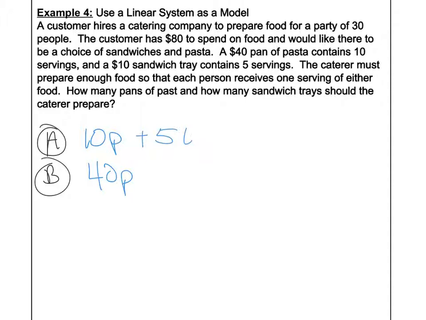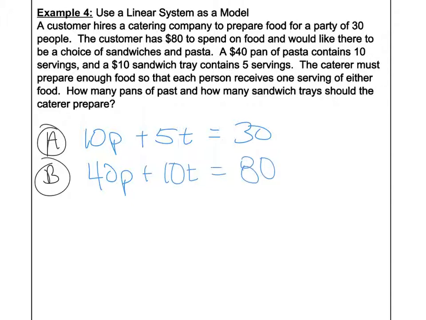Let's call it T for tray. And that equals, we want to serve a total of 30 people. So the servings per pan of pasta plus the servings per sandwich tray is going to equal 30 people. Now down here, it's $40 per pan plus $10 per tray, which is going to equal $80.